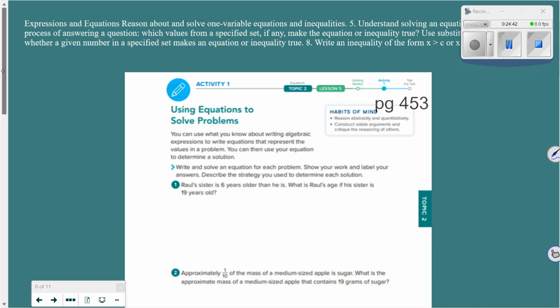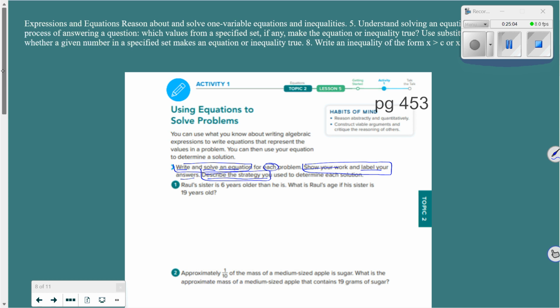If you look at your directions, I need to write and solve an equation for each problem. Show your work, label your answers, and describe the strategy used to determine each solution.